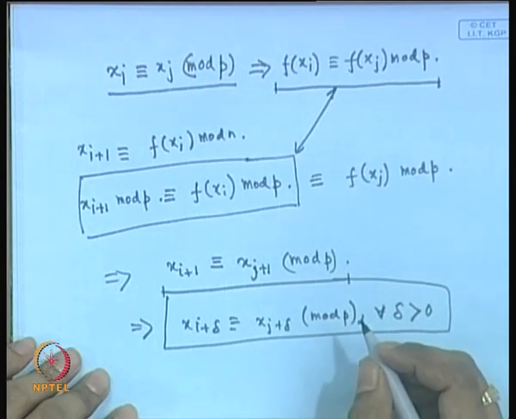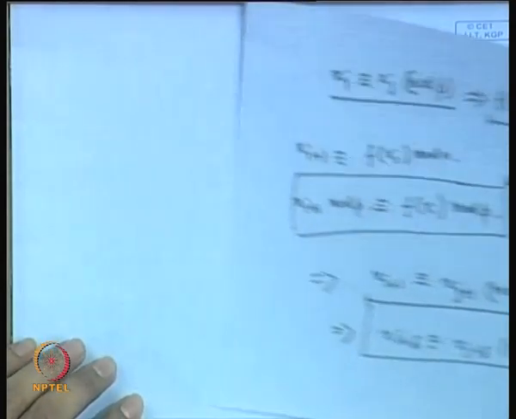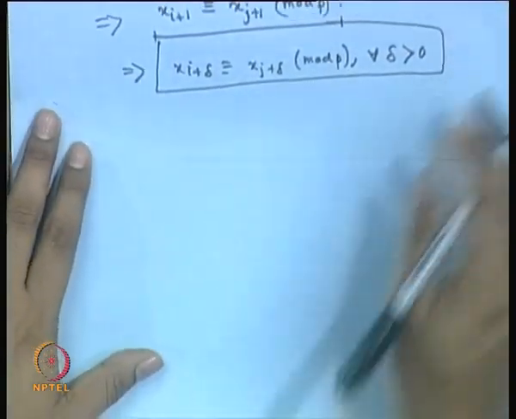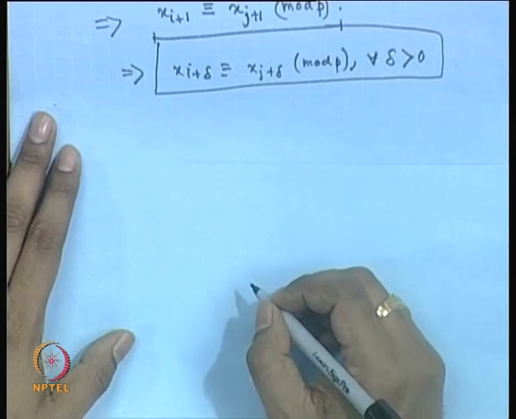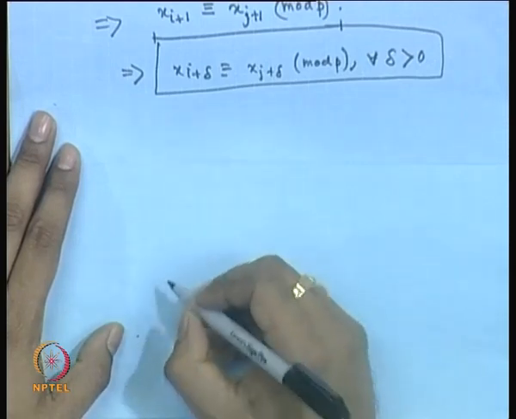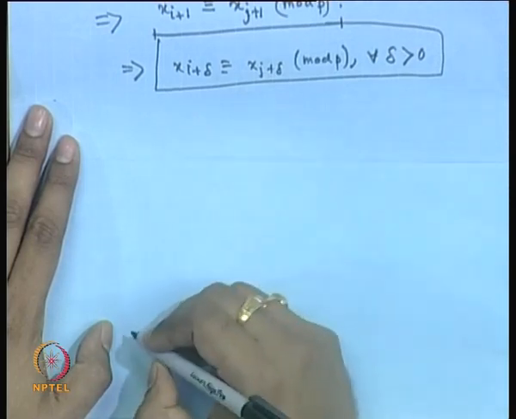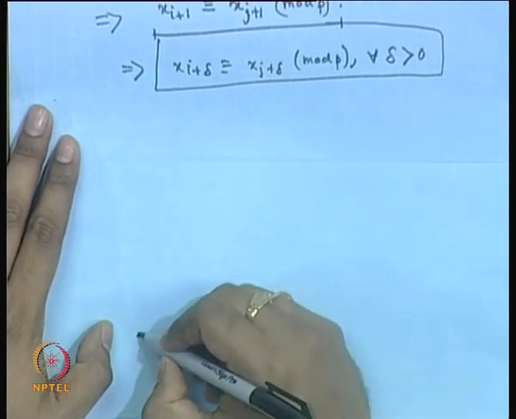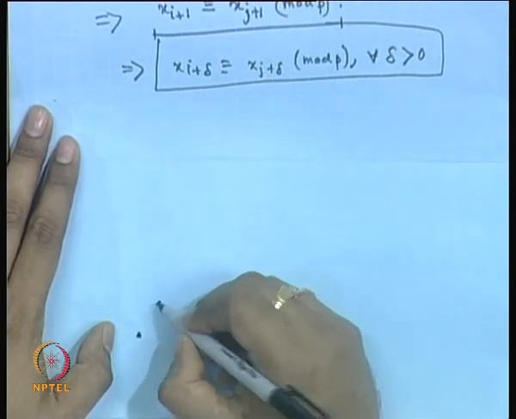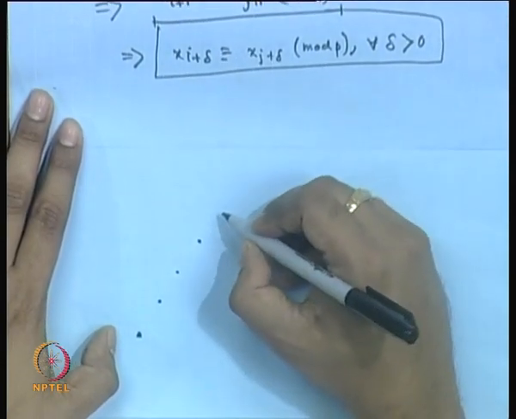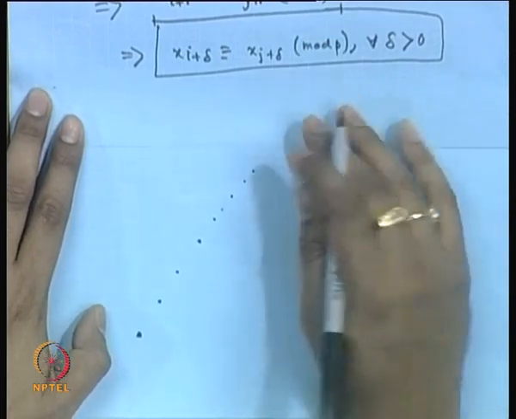You can imagine that this relation gives you the following: if I randomly choose some points and note these numbers, I get x_i, then the next number, and the next, and so on. You keep getting numbers which are distinct.